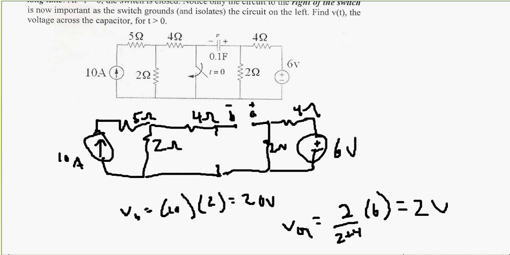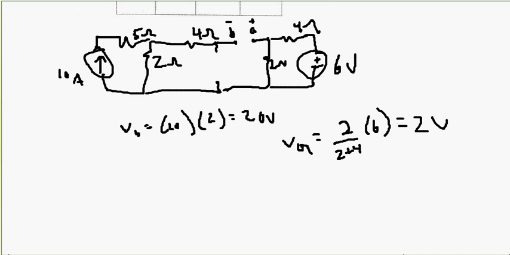Okay. So essentially, the voltage across this open capacitor is VA minus VB. So VA minus VB is equal to your initial voltage before the switch is closed.